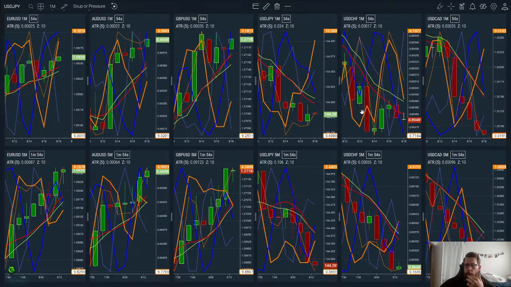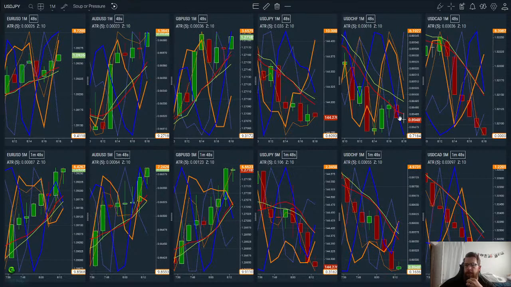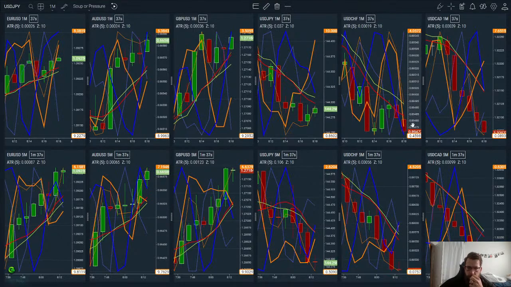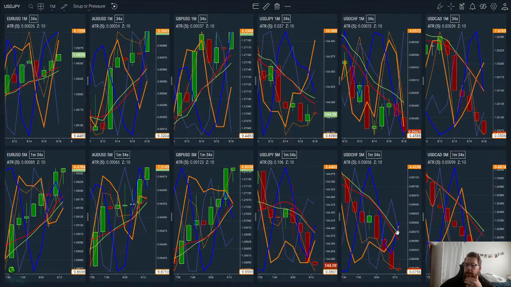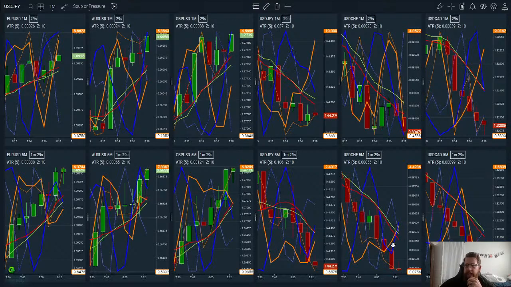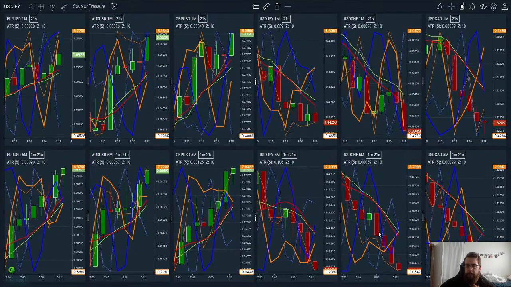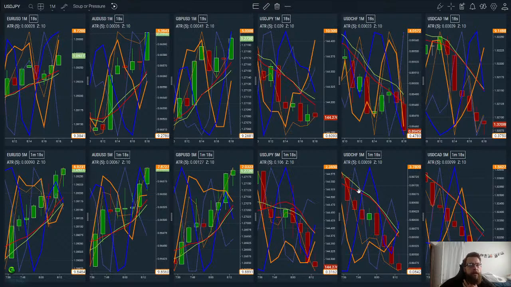So we're looking for the 1 minute rejection for the upside against the pressure. Blue cross pointing down, orange is pointing down. I think really the only thing that we're waiting for here is for this 5 minute bar to post and for the TNT lines to look a little bit better. So we'll see what the TNT lines look like in about a minute and a half, just when that 5 minute bar is going to post.